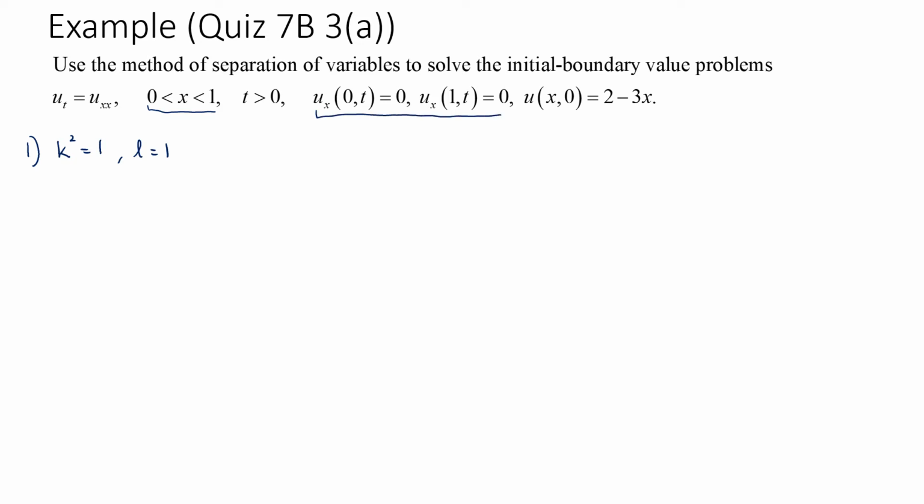The boundary condition is the first order derivative, where when x equals 0, it equals 0, and the same goes when x equals 1. And the last one is the initial condition when t equals 0, which is f(x), where f(x) equals 2 minus 3x.